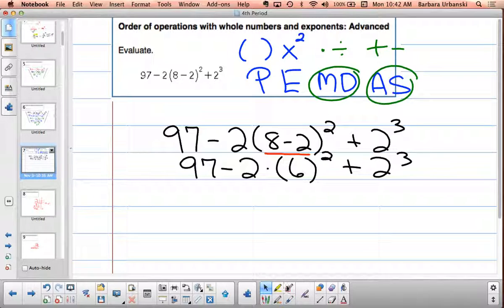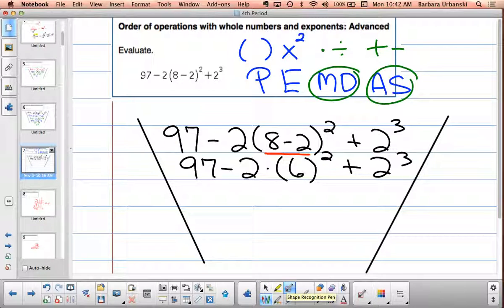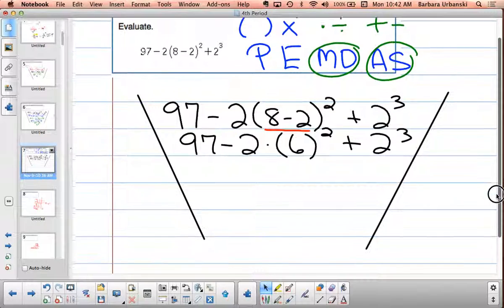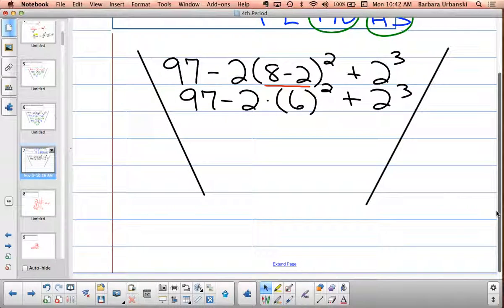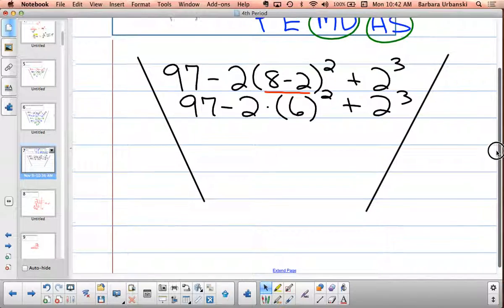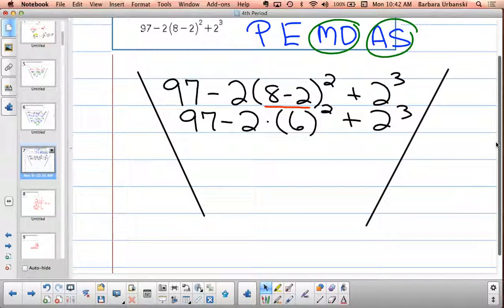Students should start recognizing that as we work, it's going to almost funnel its way down, because we are going from a very long equation, and it will end up coming to one answer. So now we're going to look again, and we start our order of operations, and we say, are there any parentheses?